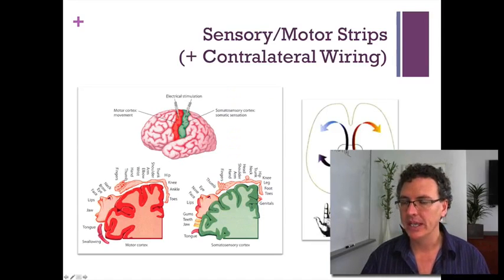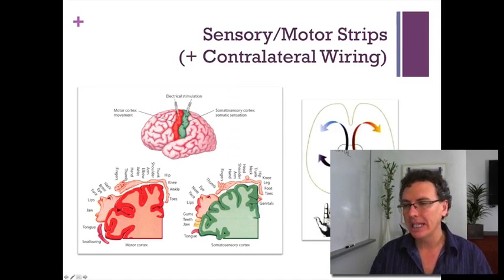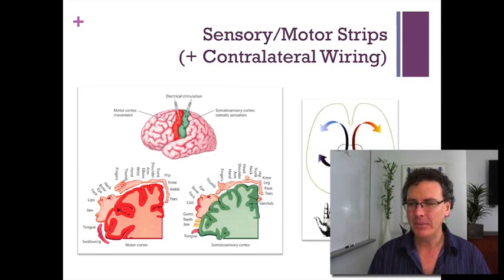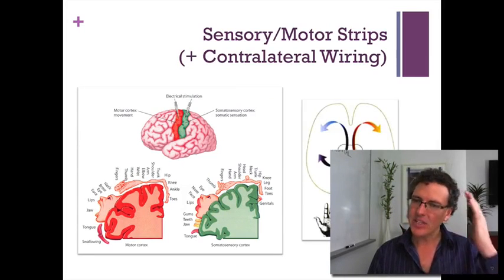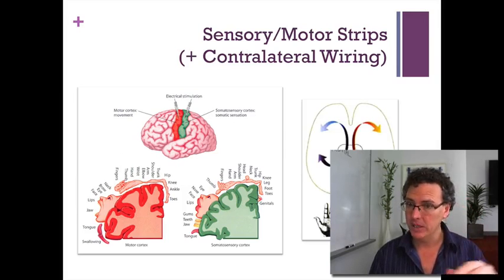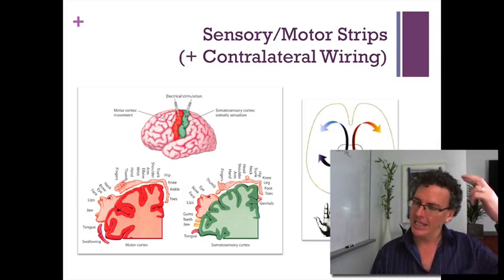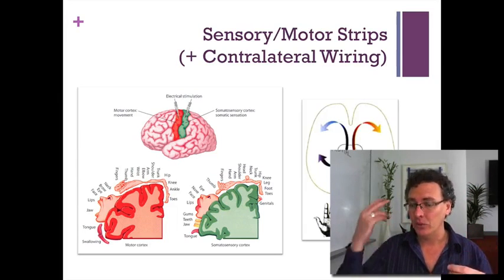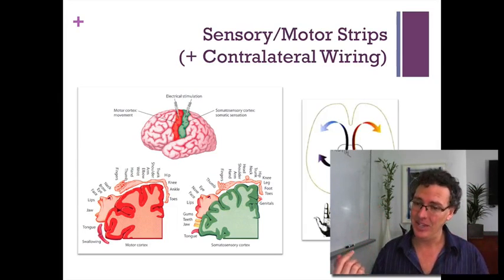Now, I want to make a second point that I didn't make previously about the lobes, and that has to do with what's called their contralateral organization. So, what that means is the following. The left side of our brain, when it comes to both these sensory and motor strips, maps onto the right side of the body, and the right side of the brain maps onto the left side of the body.